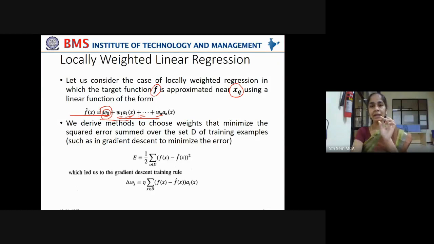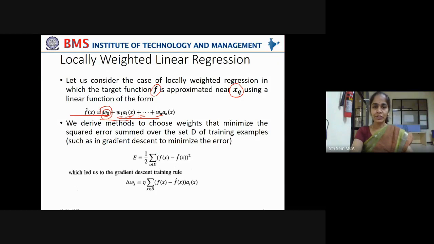I'm repeating again. When you have a prediction error, find the difference between the original value and the predicted value, square it, sum them up over all the training examples, that will give you the total prediction error, right?